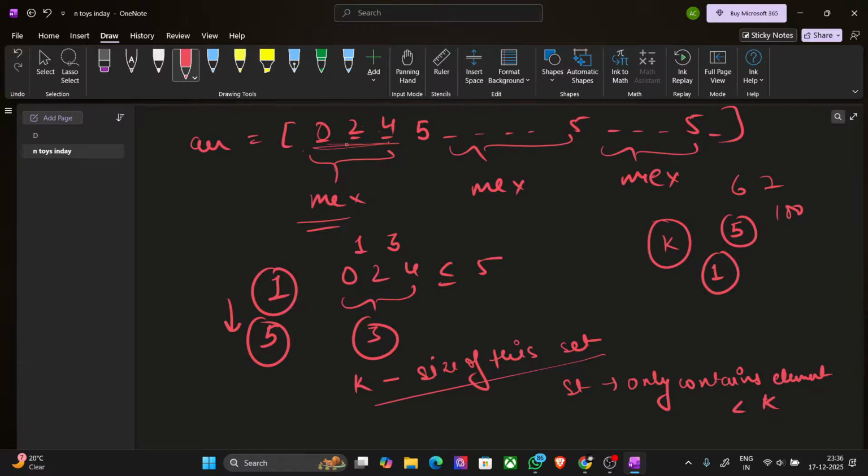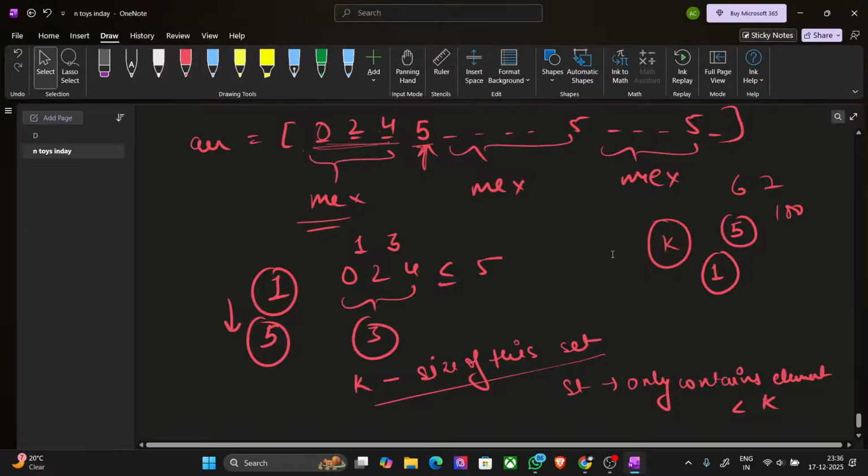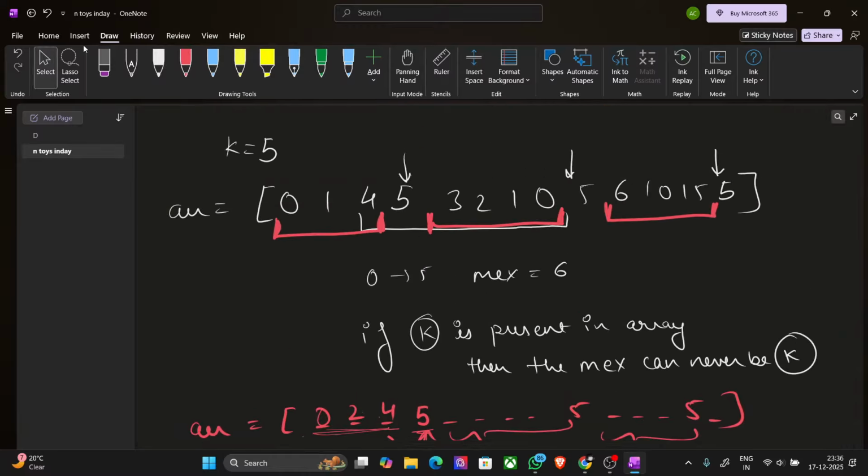So what I do, I will iterate over the array and include into my set the elements which are less than k, and then take k minus the size of this set every time I encounter a k. Let's take this particular example.